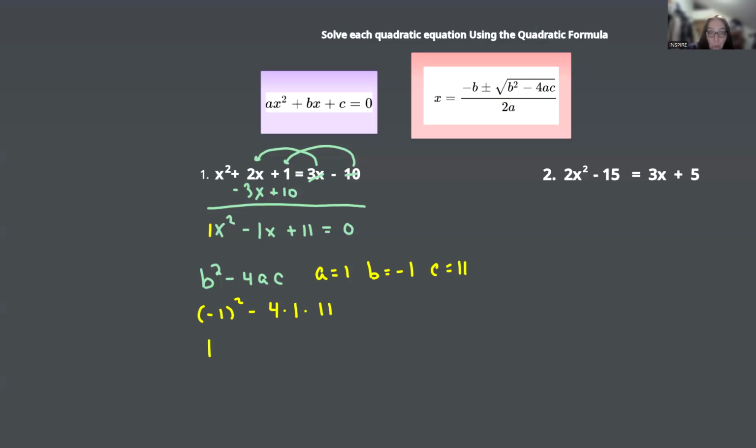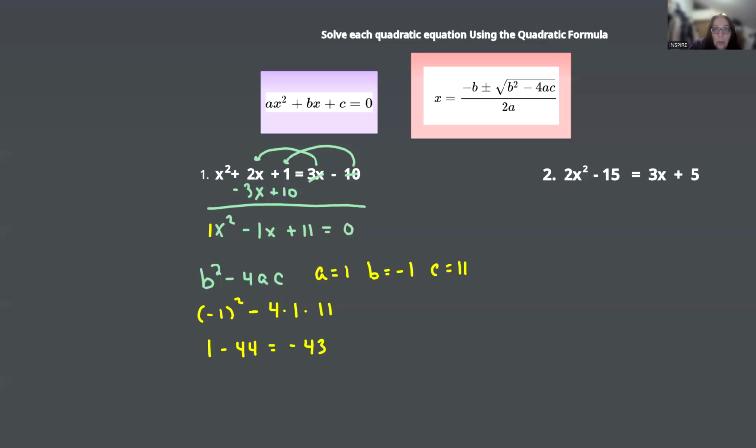Now, there's only one minus sign, so I'm going to bring that down. And then I've got 4 times 1 times 11. That's 44. When I subtract that, I get negative 43. So that's my discriminant.